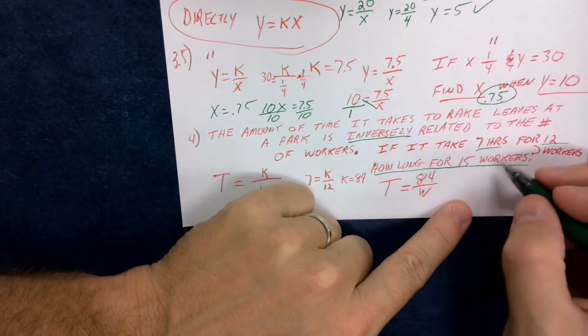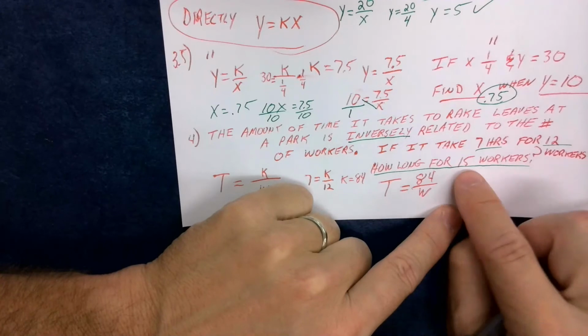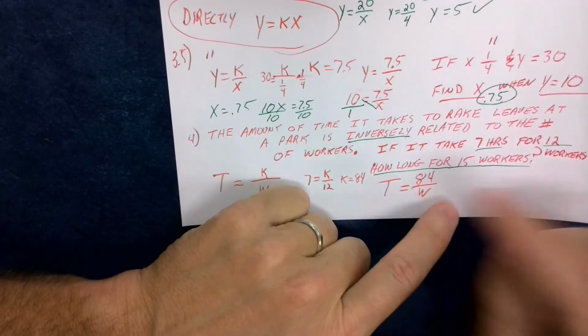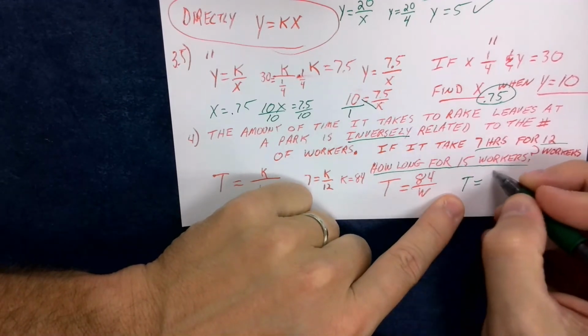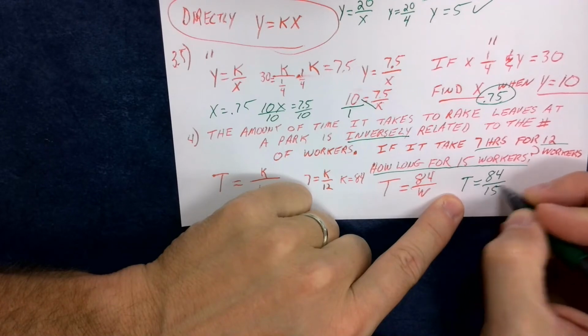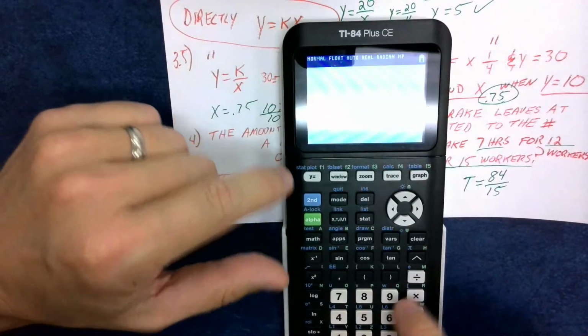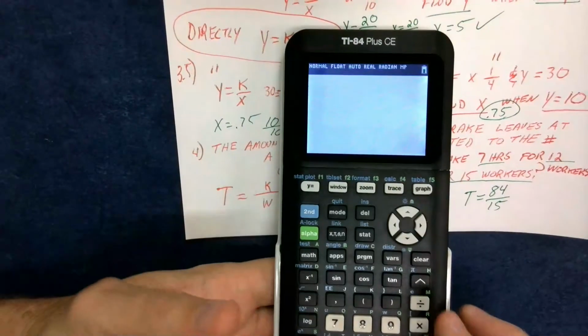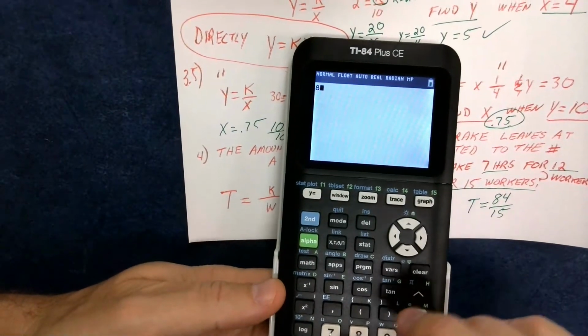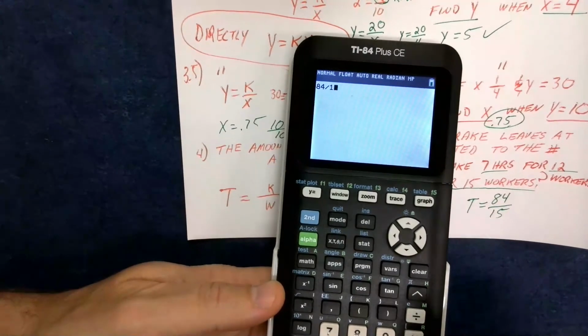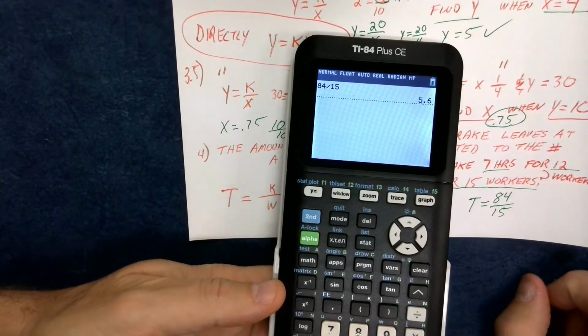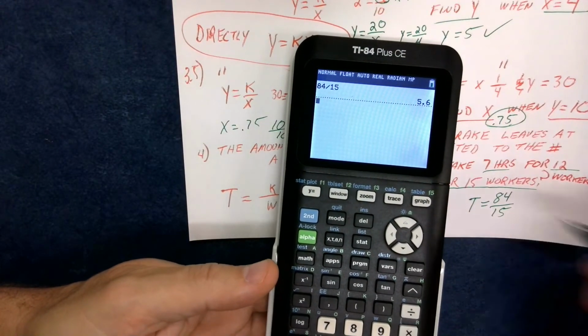How long for 15 workers? So 15 workers, that's 15 in the W spot. So the time equals 84 over 15. If I do 84 divided by 15, enter, I get 5.6 hours. Good deal.